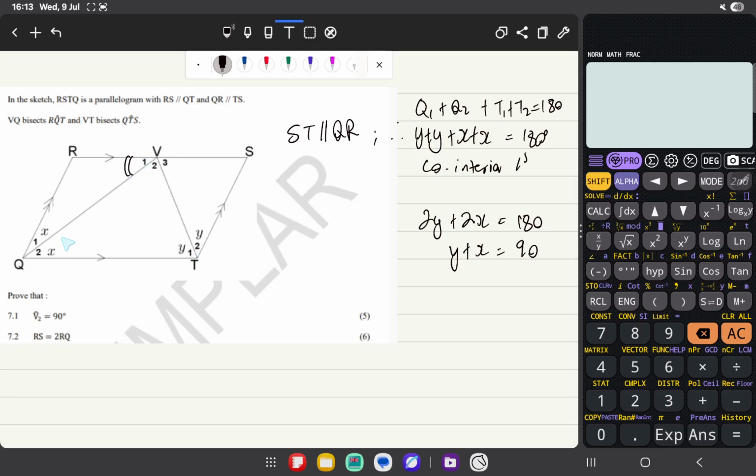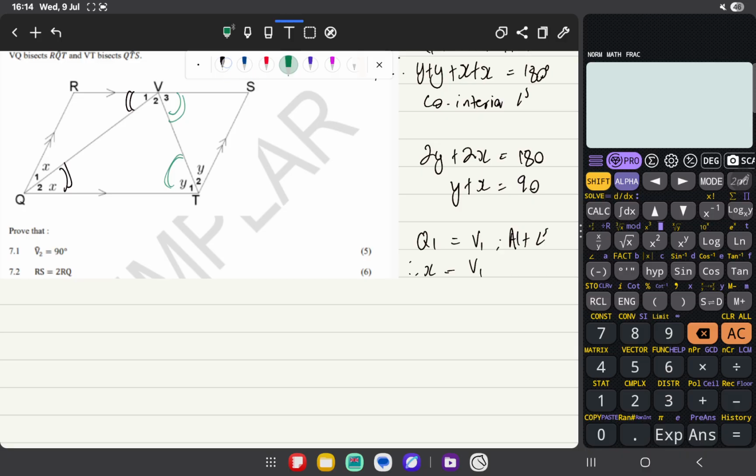Then you would realize that this alternates with this, so you will say Q1 equals V1, alternating angles, and therefore x equals V1. On the same parallel lines, look at this angle and this angle, they alternate.